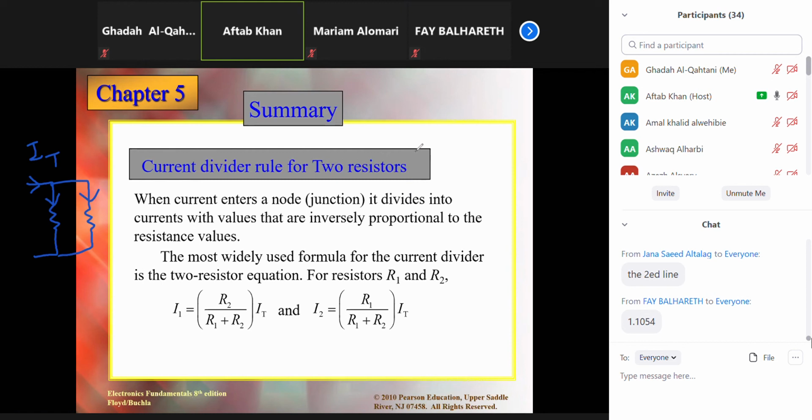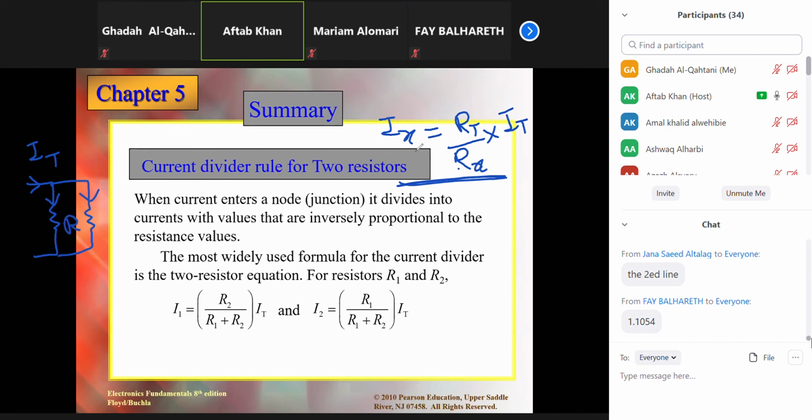So you know already the general formula. What is that? Ix is equal to RT over Rx multiplied by IT. All right. So this is the general formula. You can also use the same formula if there are two resistances, three resistances, four resistances, whatever.